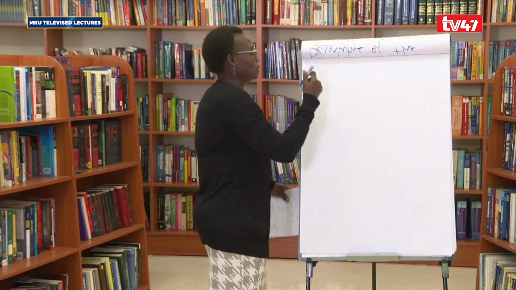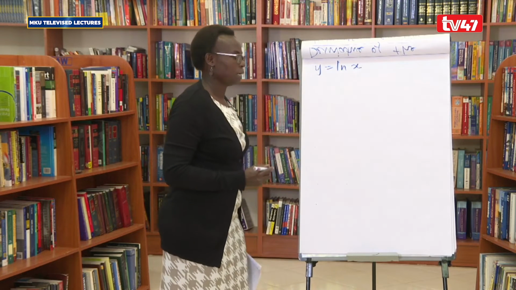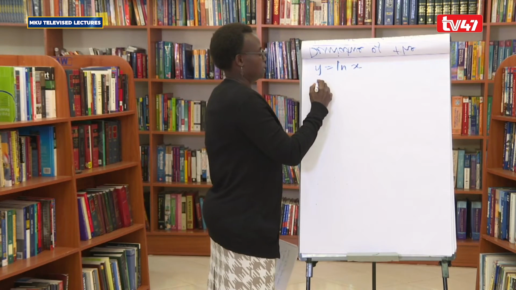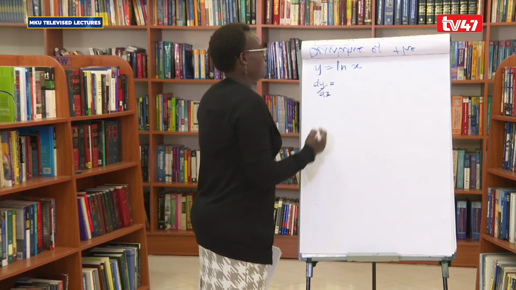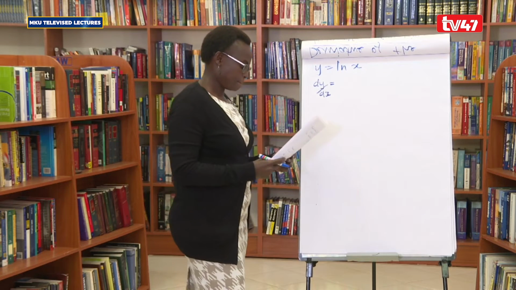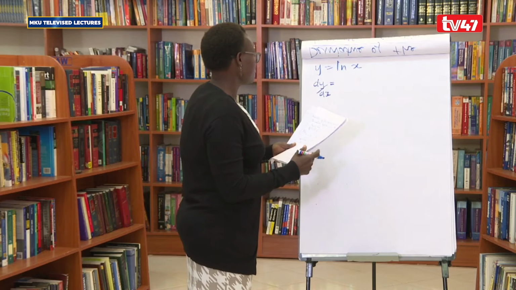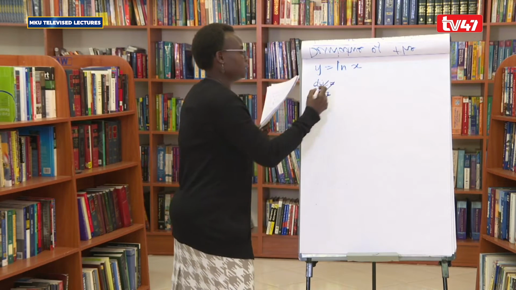So that is, y is ln x, and we are differentiating with respect to x. So that would give us dy over dx is equal to... I think there's a step I've skipped there.